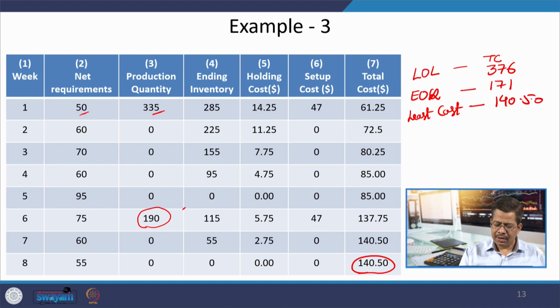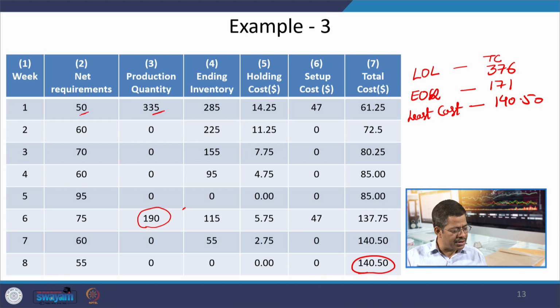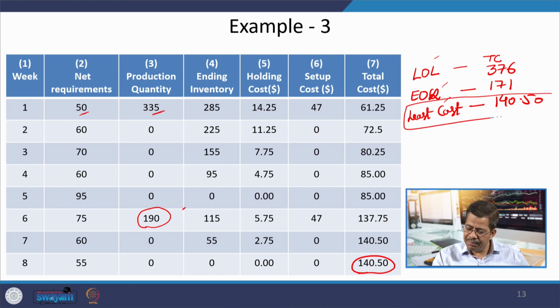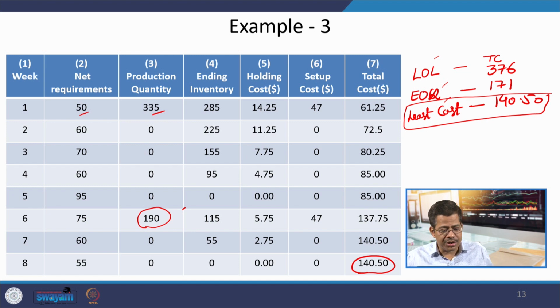In a way, this is how analytics plays its role, that you are improving. These are alternative options available in front of you, that you can go with LFL, you can go with EOQ, you can go with least cost, and you see that out of these three, least cost is the most profitable, reducing the total cost of inventory of your MRP system.